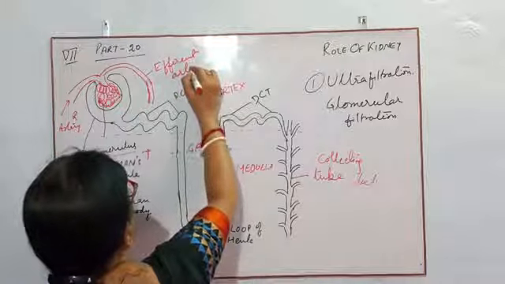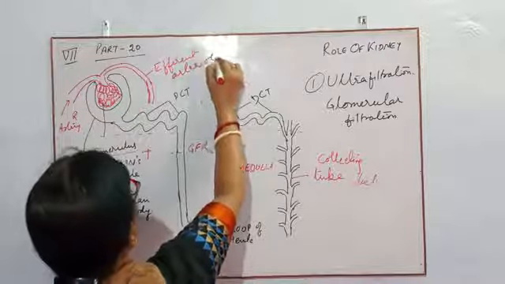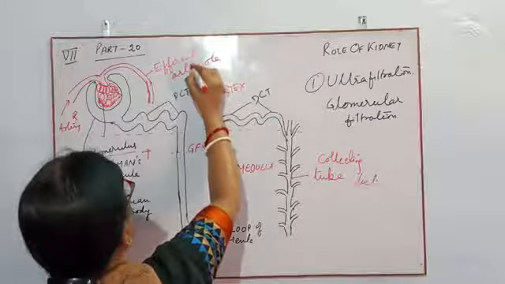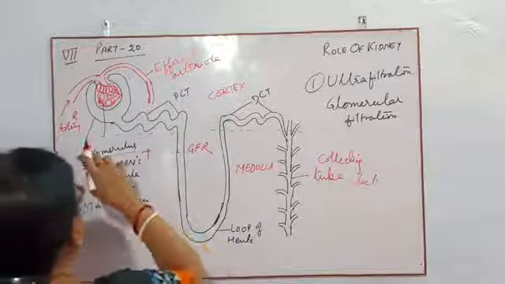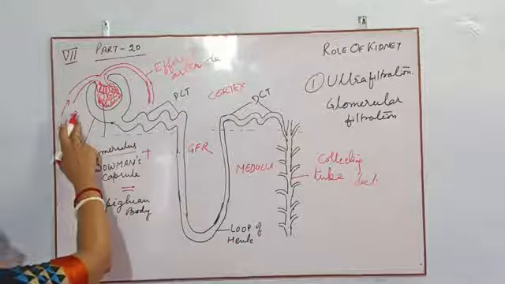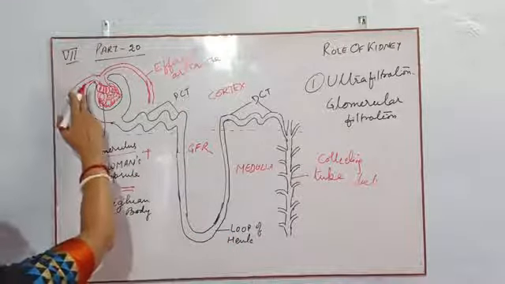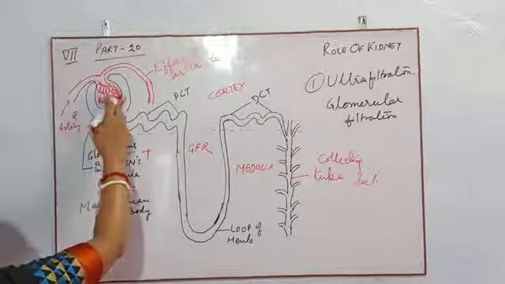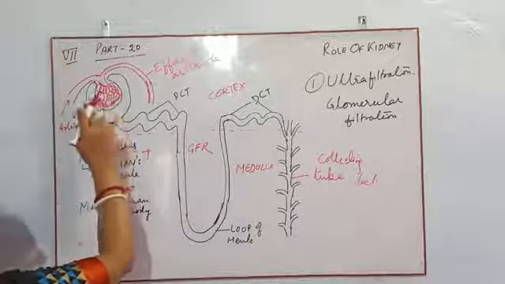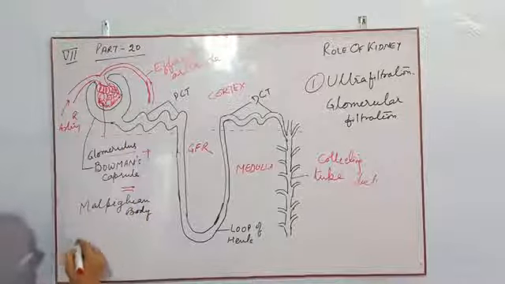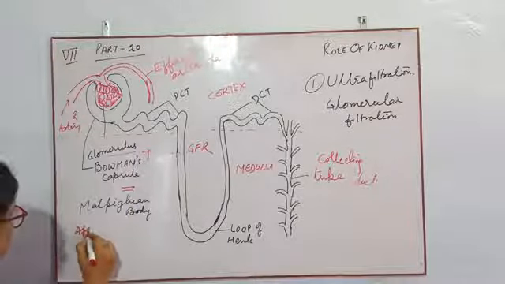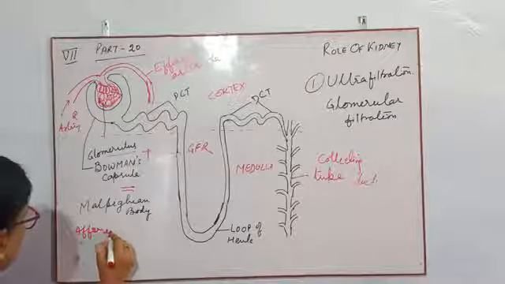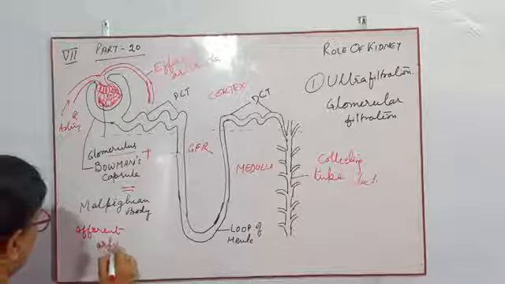When this blood passes out, this is the efferent arteriole. The renal artery carries blood towards the Bowman's capsule or nephron, and its other name is the afferent arteriole.